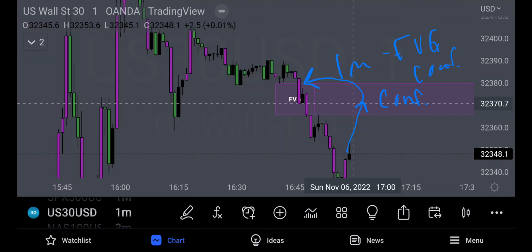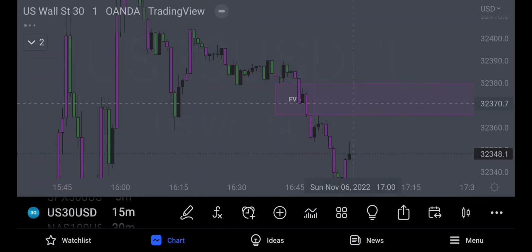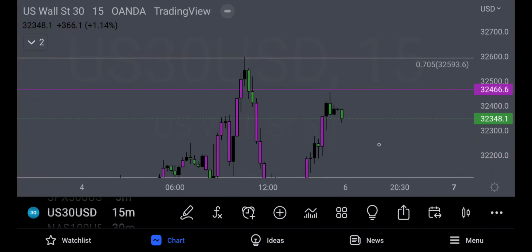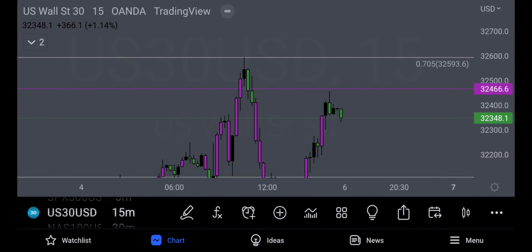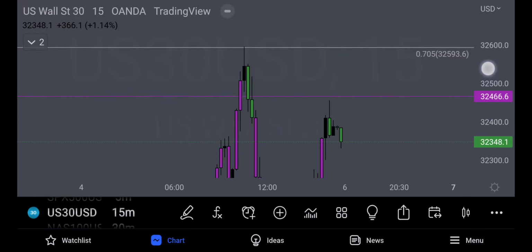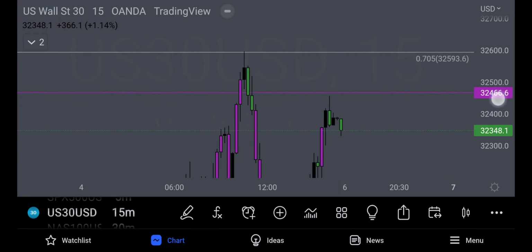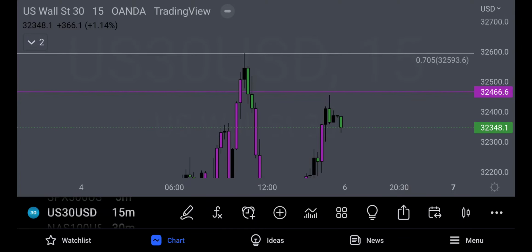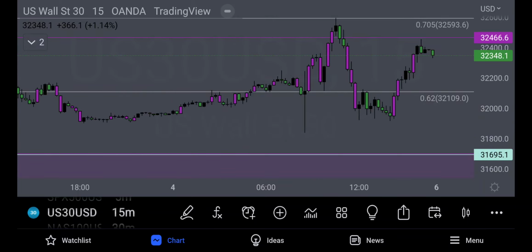If not, then I will wait for price to trade up into a higher time frame point of interest, whether that be an FVG, a BPR, or buy side liquidity. And I'll look for my confirmation to trade this to the downside. I encourage you guys to do the same. We'll trade the market as it presents itself to us, and we'll trade accordingly.